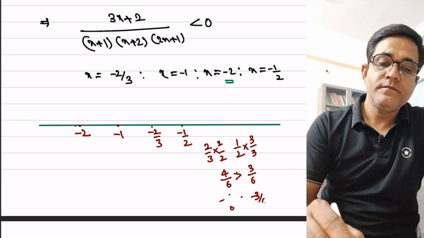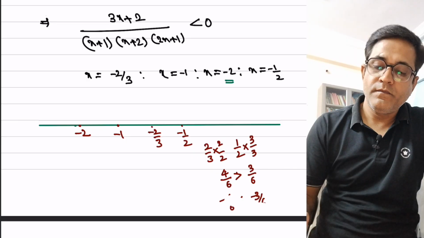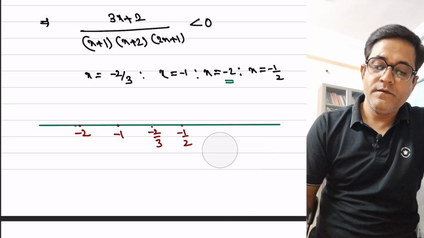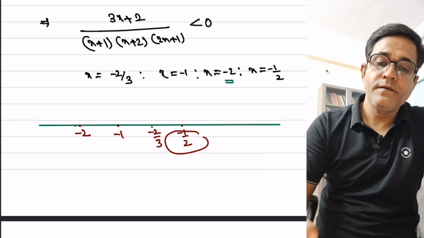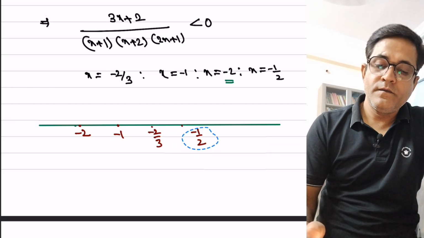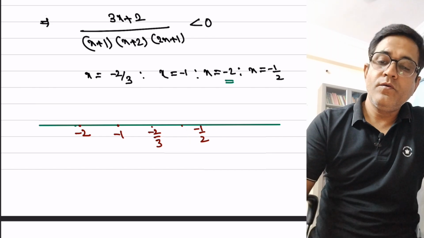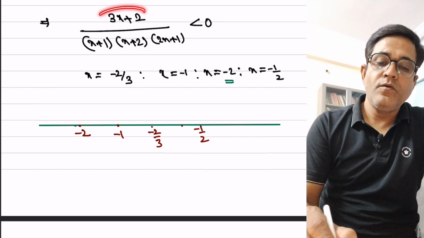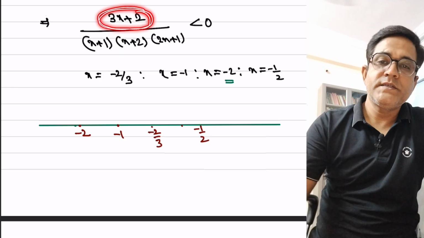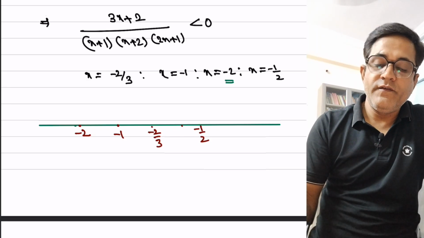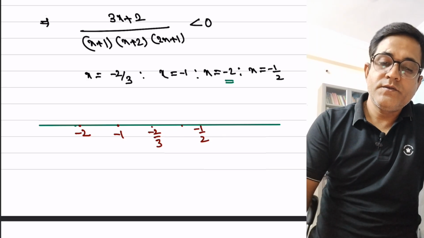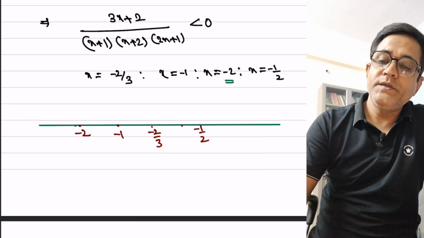Now, here no expression is having even powers, that is why the sign changes everywhere. So, the wavy method is what?